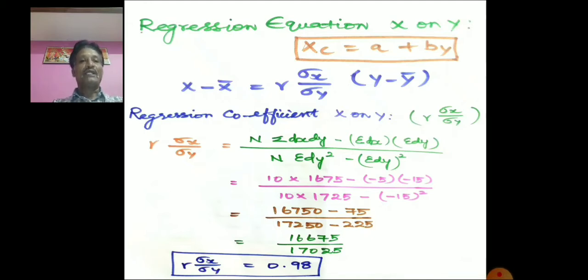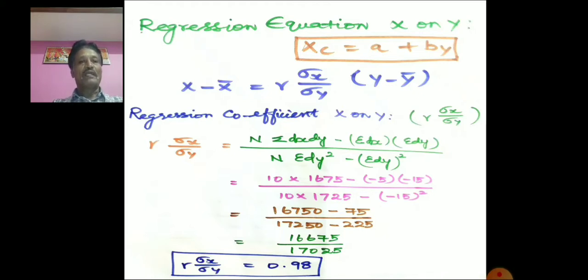So 10 into 1675 minus 5 into minus 15, the whole divided by again 10 into sigma dy square equal to 1725, so 10 into 1725 minus of minus 15 the whole power 2. Here you can multiply 10 into 1675, that is equal to 16,750, and minus 5 into minus 15, that is equal to 75.